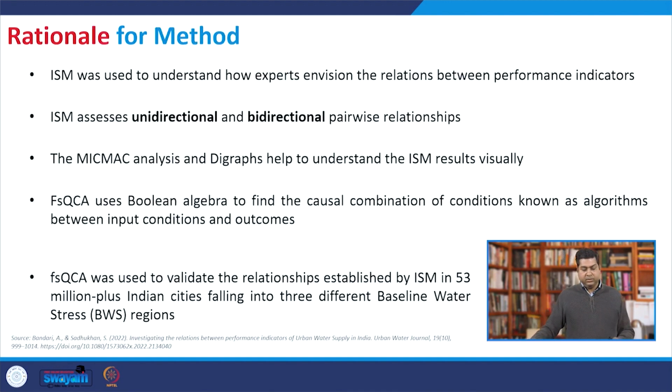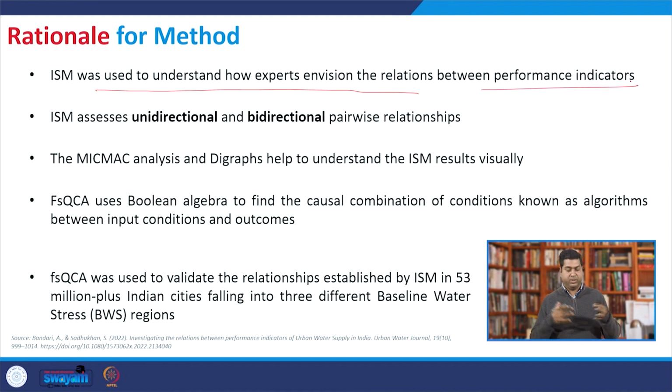Now, coming to the rationale for the method selection: ISM was used to understand how experts envision the relations between performance indicators, how they are related as the experts feel. Each expert gives their opinion, and finally we compare them and the resultant of the expert opinions is taken into consideration. ISM assesses unidirectional and bidirectional pairwise relationships.